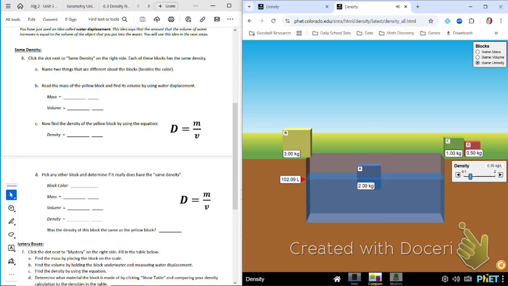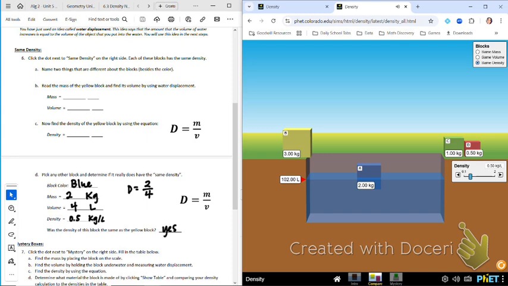Okay, so for the blue block, mass was 2 kilograms. The volume was 4 liters. Also 1/2 or 0.5.